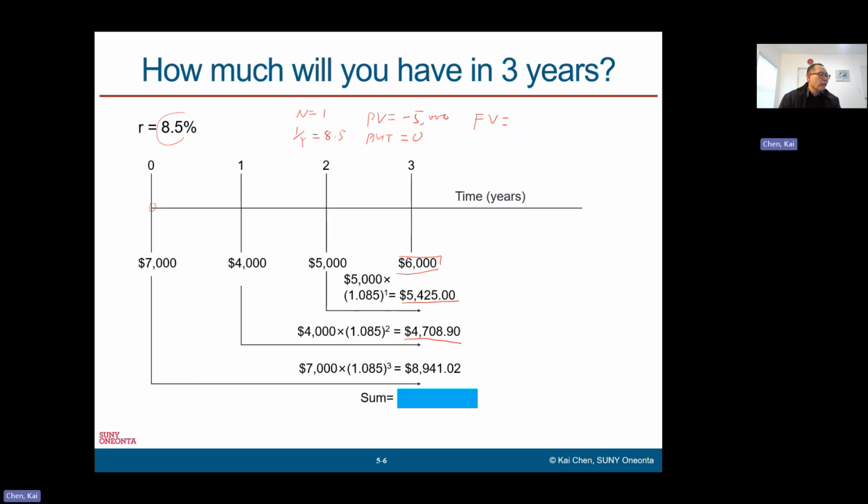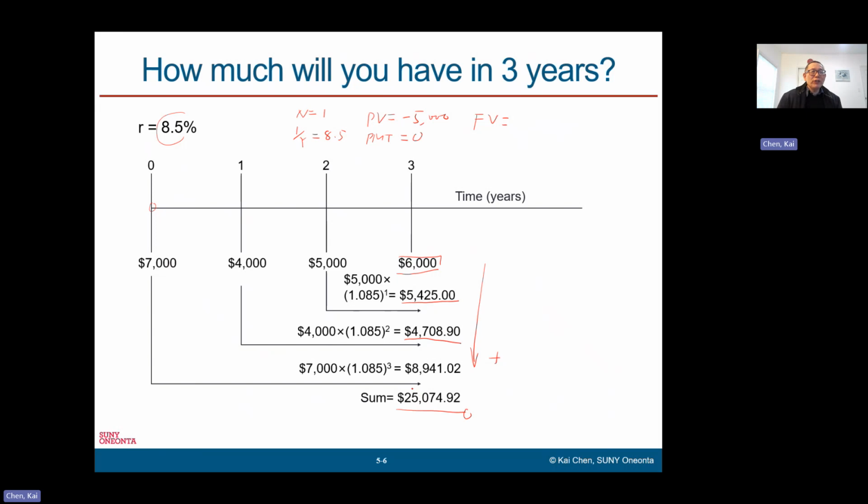After we get the future value of these 4 cash flows, we sum them up. This is the sum of 4 future values. So we sum them up, then we get $25,074.92. Now you know, at the end of year 3, your bank account will have about $25,075.